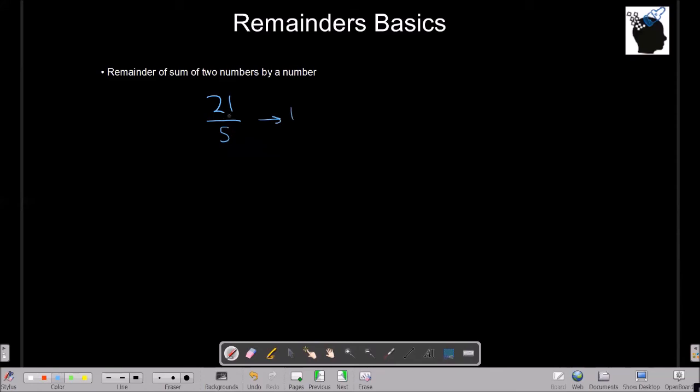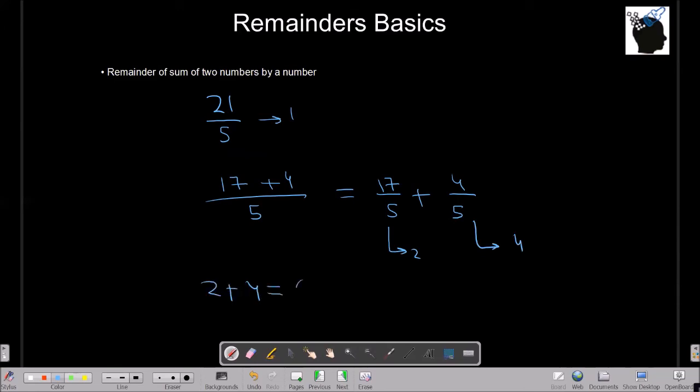Now what happens if I break this 21 as, let's say, 17 and 4 and try to find remainder of 17 by 5 and 4 by 5 separately? So let's do that. So 17 by 5 plus 4 by 5. I know 17 by 5 remainder is 2 and this remainder is 4. So my combined remainder is 2 plus 4, which is nothing but 6.